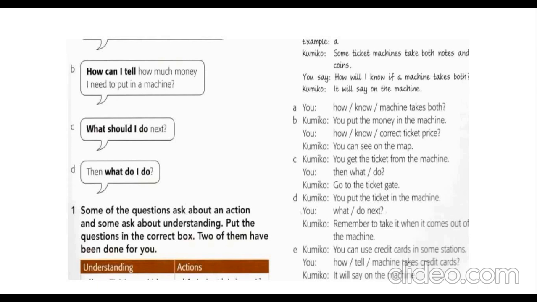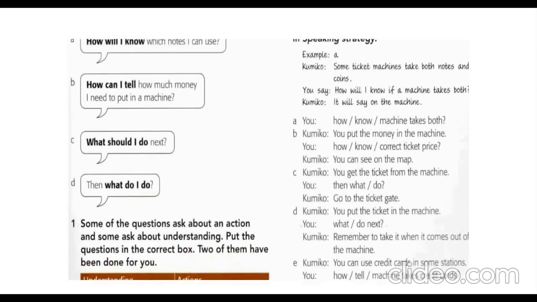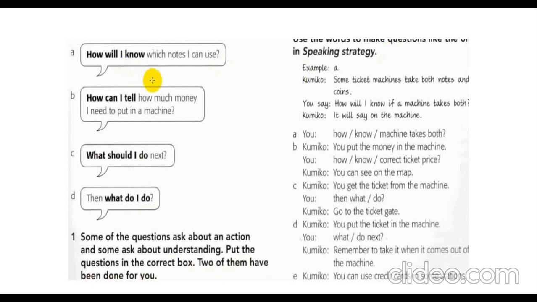Before seeing the questions, we can't decide here. We have how. This is for understanding. Again here, how can I tell? For understanding.